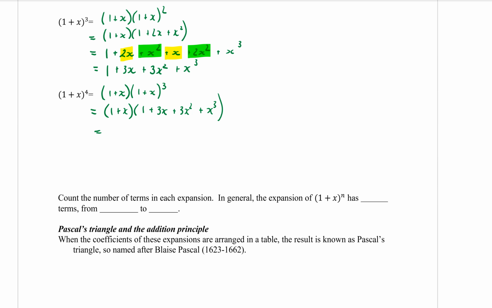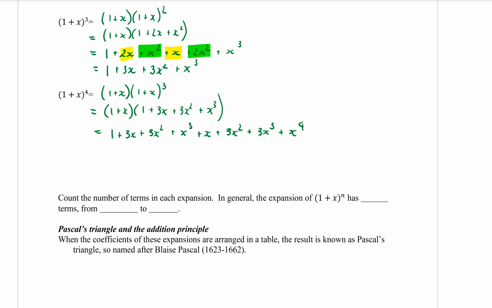Expanding out 1 times everything in the second bracket will be 1 + 3x + 3x squared + x cubed. Then multiplying everything through by x will be x + 3x squared + 3x cubed + x to the 4.